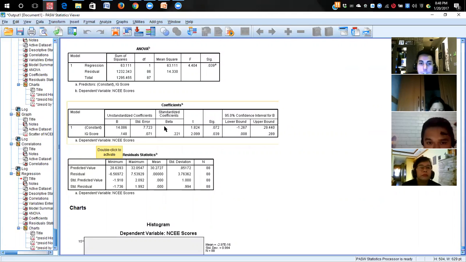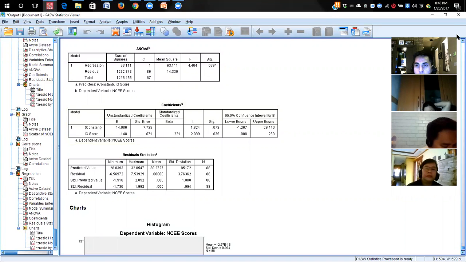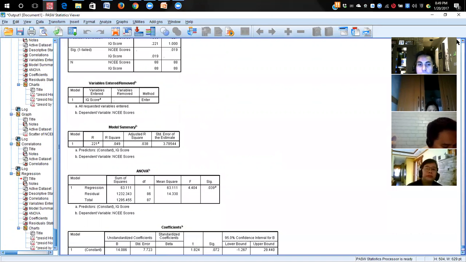So what is the standardized coefficient? What is the beta coefficient? There you will see again, it's 0.221. And where do we get that 0.221? Right here. That was our R value. 0.221 is what we get.